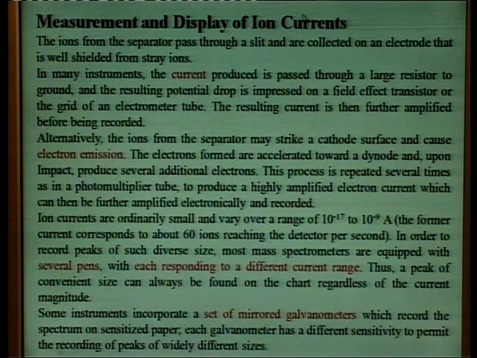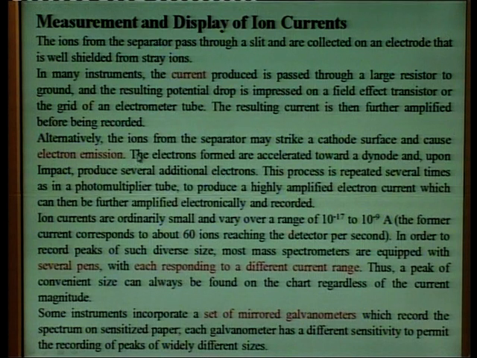Then the measurement of the ion currents. Once the ion currents are produced, they are passed through a large resistor to the ground, and the resulting potential drop is impressed on the field effect transistor or the grid of the electrometer tube. The resulting current is then further amplified before being recorded.